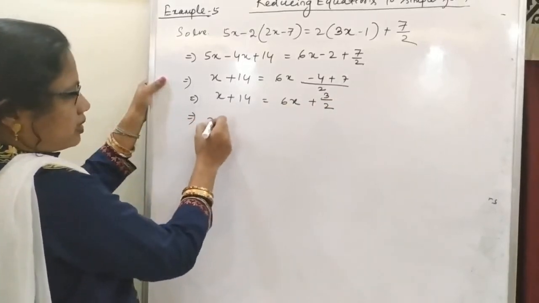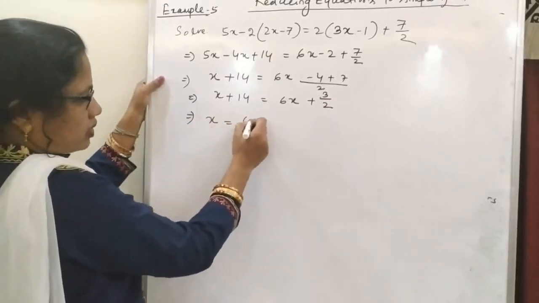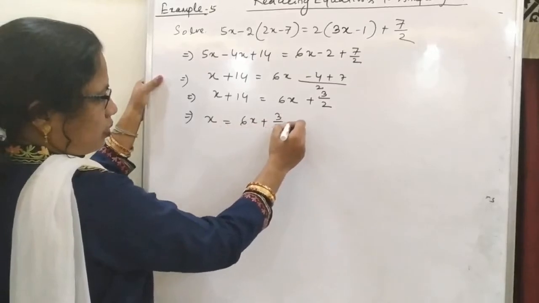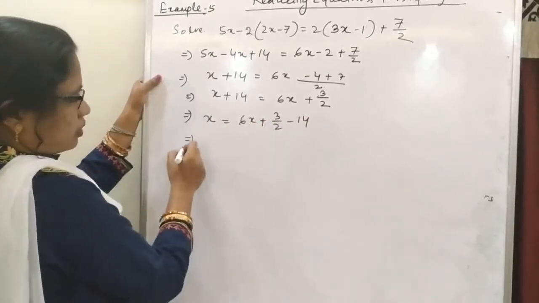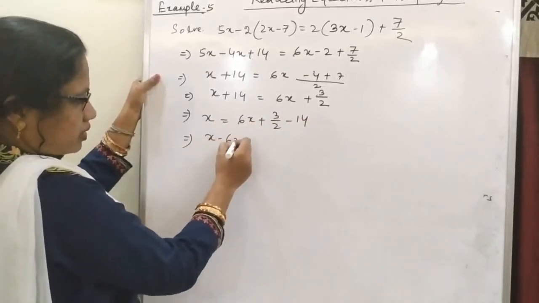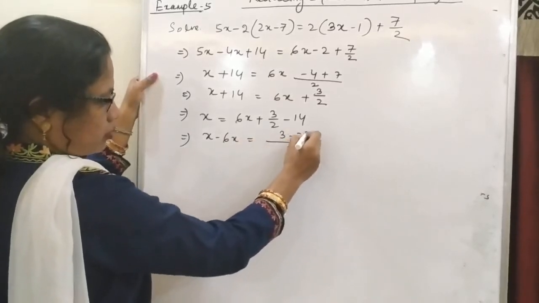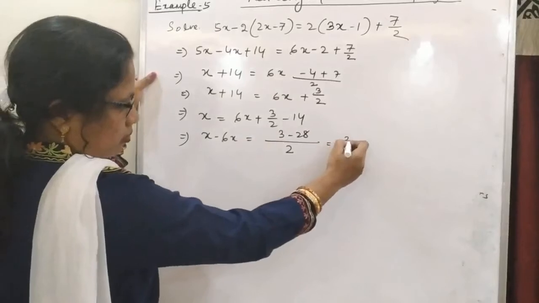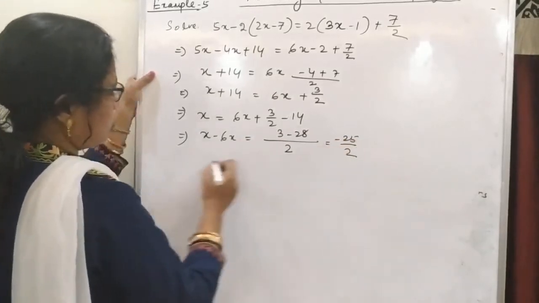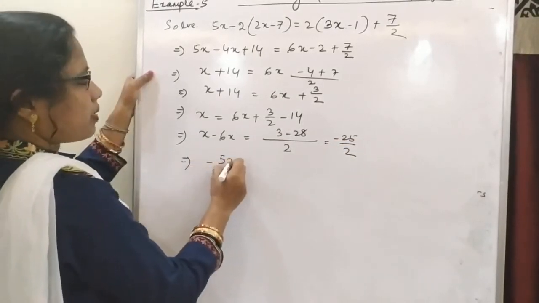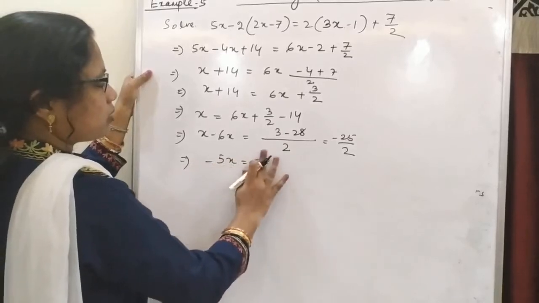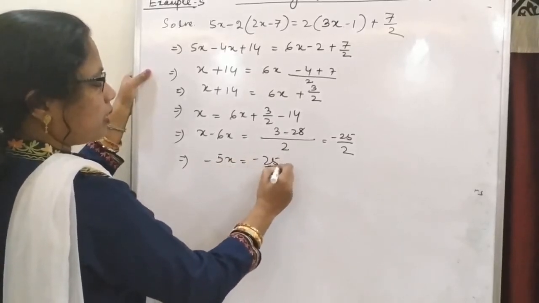So this implies x is equal to 6x plus 3 by 2 minus 14. So this implies x minus 6x is equal to 3 minus 28 by 2, which is equal to minus 25 by 2. So this implies minus 5x is equal to minus 25 by 2.